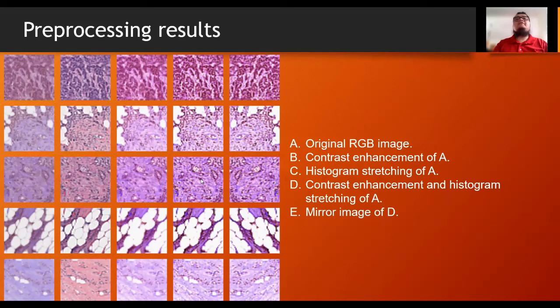In column D, we use both preprocessing methods to obtain an even better representation of the original RGB image. And in column E, we present a mirror image of D, which we use to increase the number of images to perform the training of the neural network.